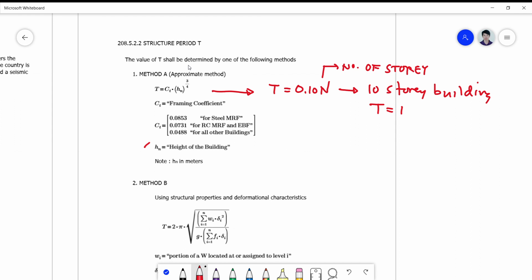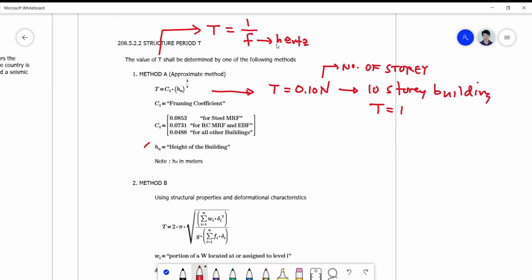But what really is a period? What is T? T is the reciprocal of frequency, 1 over F, where F is in cycles per second. So F is in hertz, just like how you measure the frequency of a radio station, in hertz, kilohertz, megahertz.